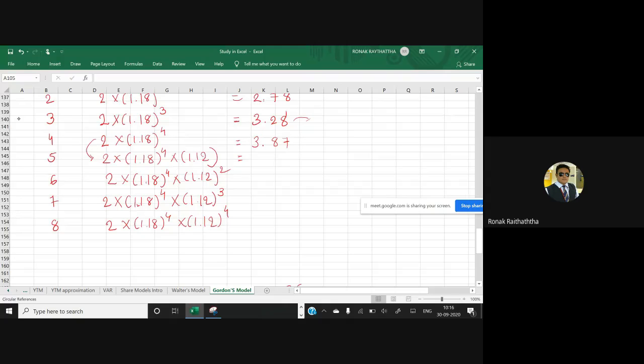अब 3.87 में सिर्फ 12% ही ऐड करो। 3.87 में 12% ऐड करो, क्या आता है? 4.17, yes, 4.17. ओके, 4.17 में और 12% ऐड करो.